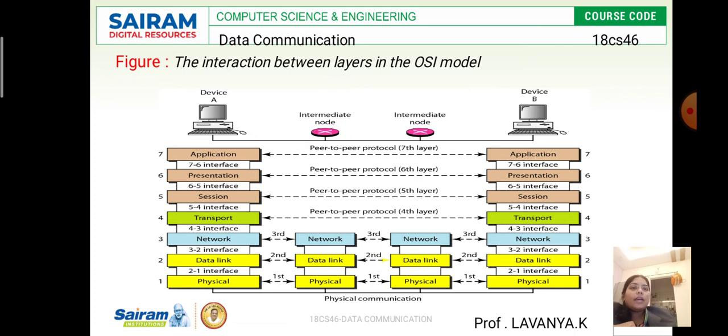Then the third responsibility is the data rate. The data rate is nothing but the transmission rate. The transmission rate tells how many times the sender and receiver have to send the data, or send each bit.